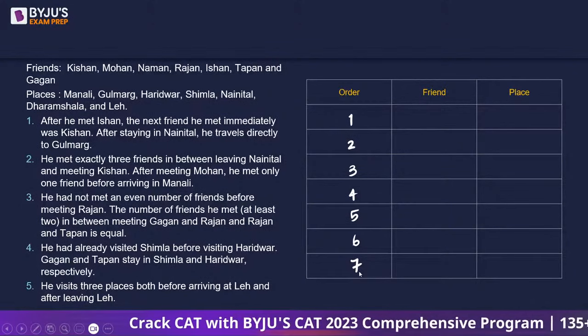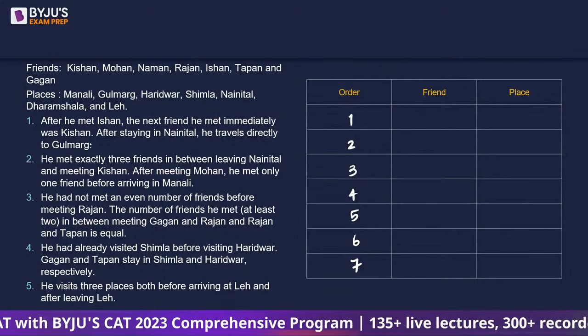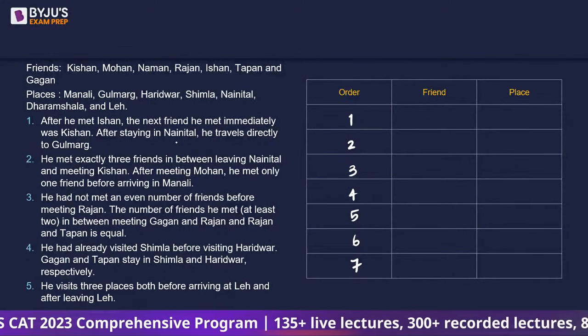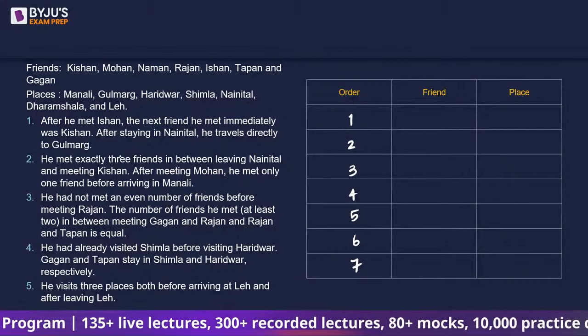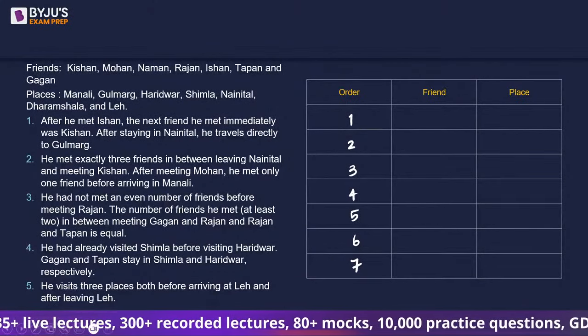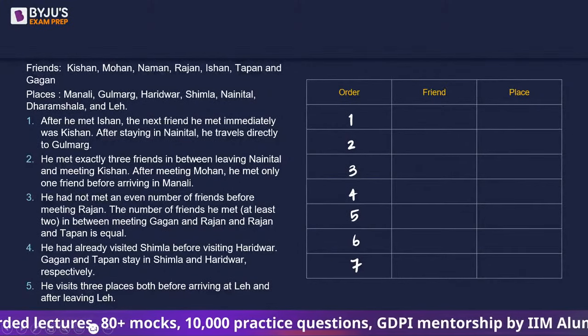So let's start. After he met Ishan, the next friend he immediately met was Kishan. Don't know where to put. After staying in Nainital, he travels directly to Gulmarg. No idea. Okay. He met exactly 3 friends in between leaving Nainital and meeting Kishan.